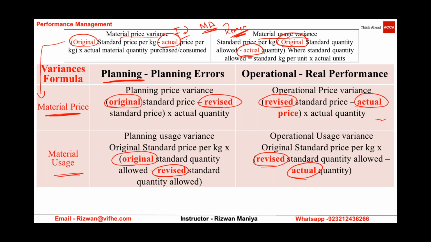Just wait. See, planning variance is what? Sorry, let me start from operational. What is operational variance? Revised price, which is the revised standard, right? Because of the planning error, the standard will change. And whenever there is a planning error, standard will always change.